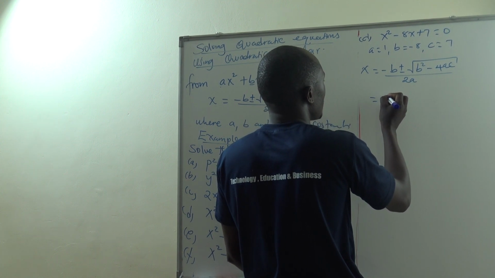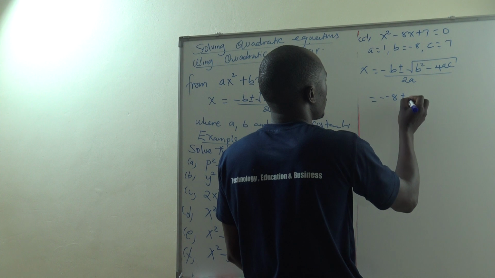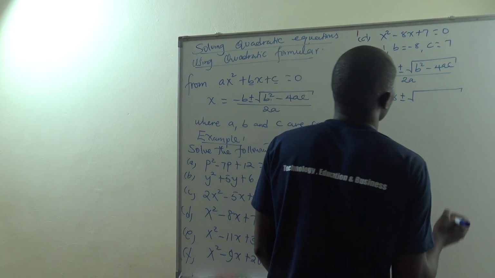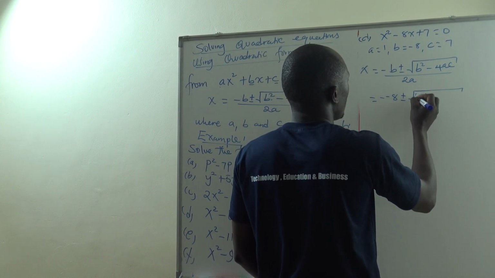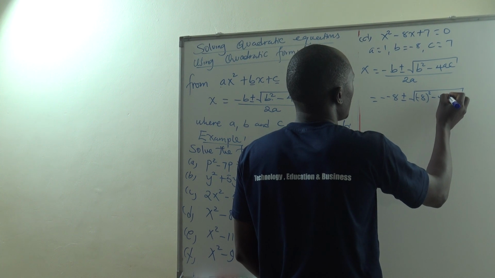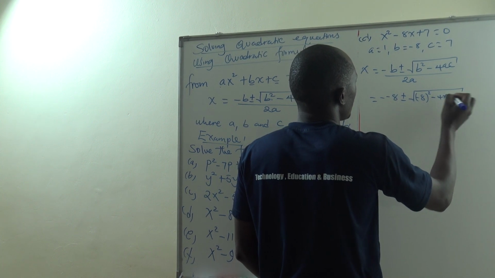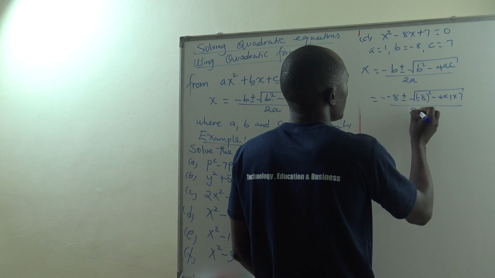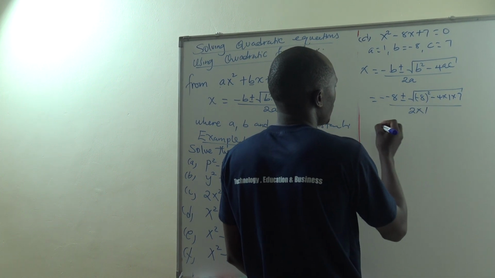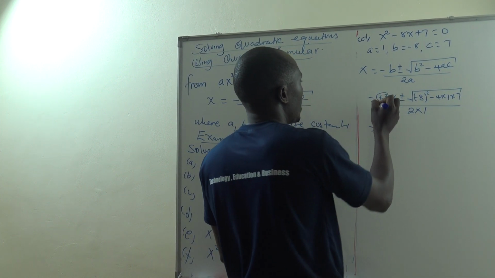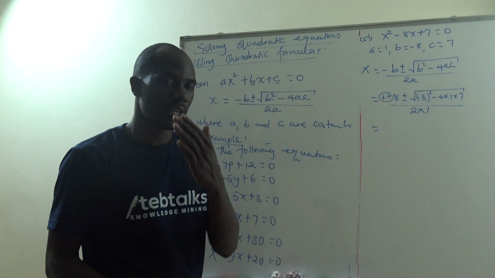It becomes minus 8 plus or minus root of -8 squared minus 4 times 1 times 7, all over 2 times 1. So this one collides and becomes a positive.